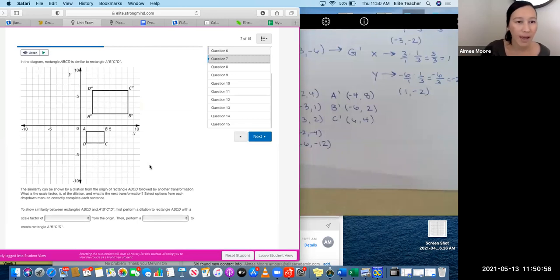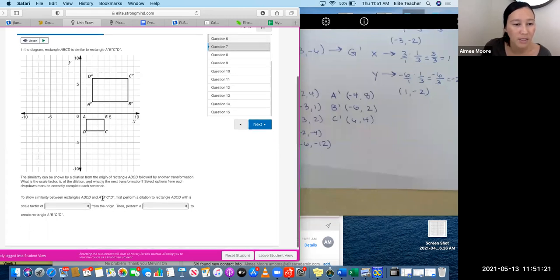Okay, here we have our rectangle. ABCD is similar to A double prime, B double prime, C double prime, D double prime. So the similarity can be shown by a dilation from the origin of the rectangle ABCD followed by another transformation. So what is the scale factor of the dilation and what is the next transformation? Select options from the drop-down menu to correctly complete each sentence.